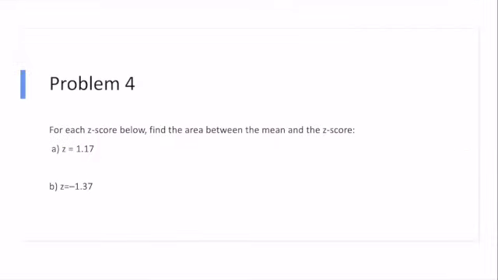So for problem 4, for each of the z-scores below, we want to find the area between the mean and the z-score. What's really important to remember is that our mean divides our normal distribution in half. So the area on each side is 0.5. Let's take a look at z equals 1.17.